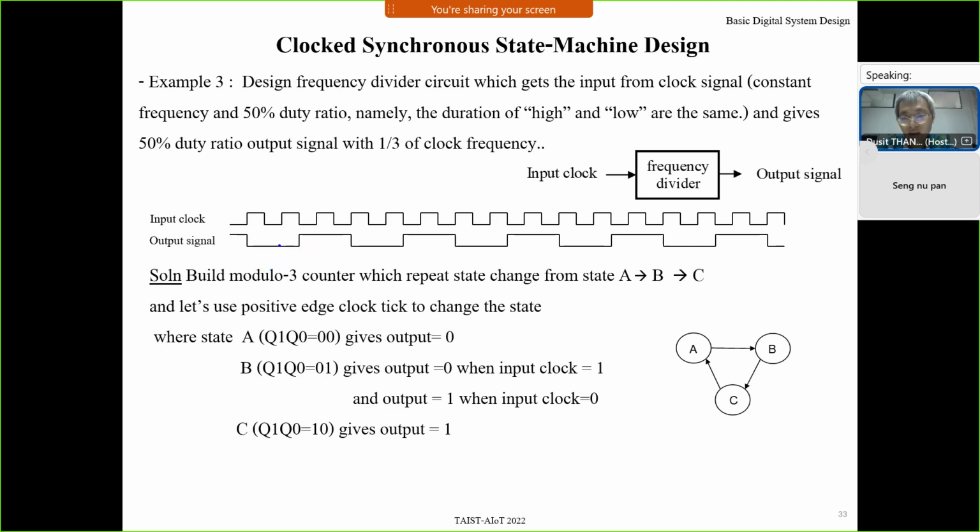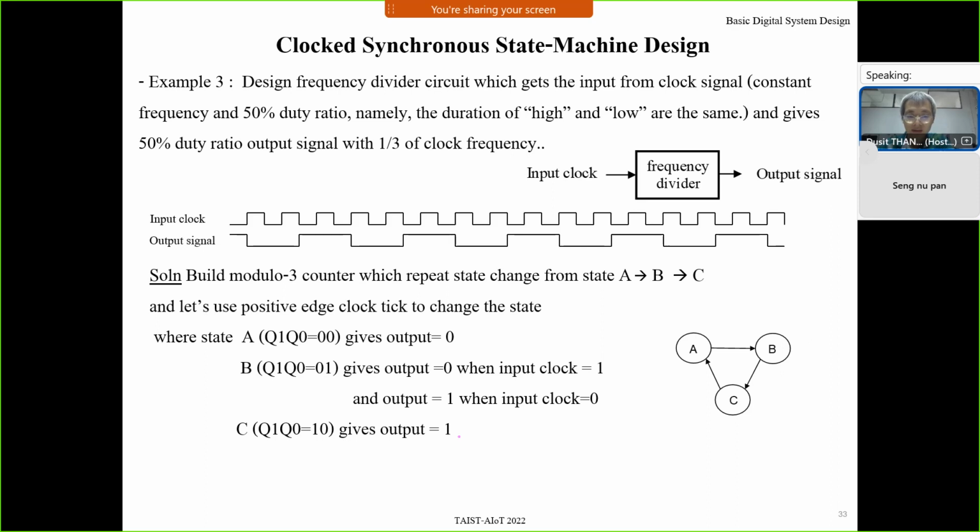And from this to this, it's state B. At state B, when input clock is 1, output is 0. When input is 0, output is 1. And at state C, during this clock period, output is constant 1.